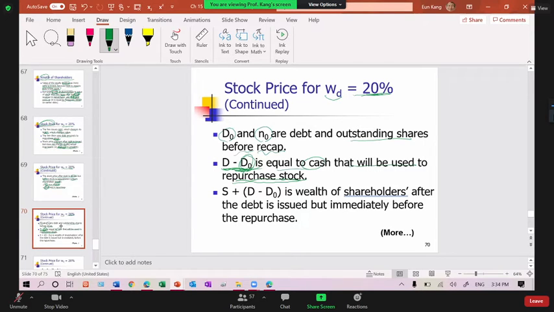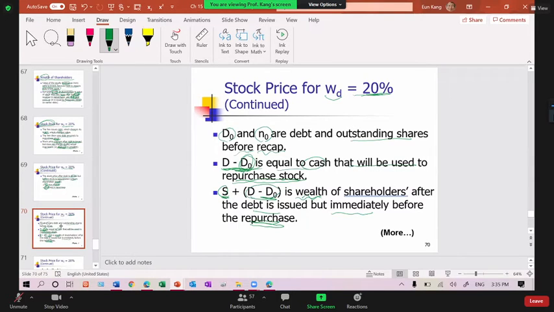Okay, so S plus D minus D0 is the wealth of stockholders after the debt is issued, but immediately before the repurchase. Stock plus change in debt.